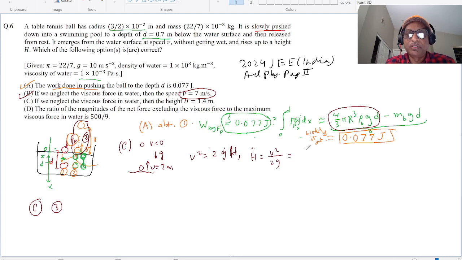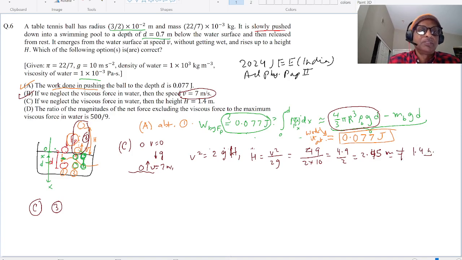So 7 squared is 49, over 2 times 10, so 4.9 over 2 is 2.45, which is not equal to 1.4 meter. So this definitely is not correct.